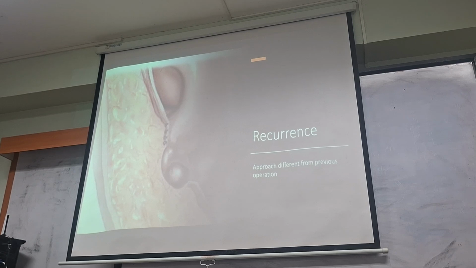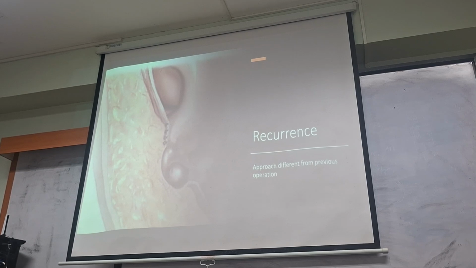If the initial repair was an anterior procedure and there's a recurrence, your procedure of choice is going to be a posterior approach, and vice versa. Why? Because you did dissection over the area. And if you did a tension-free repair, you put in a mesh. A mesh is going to cause granulation, and it's going to be incorporated in the surrounding areas.